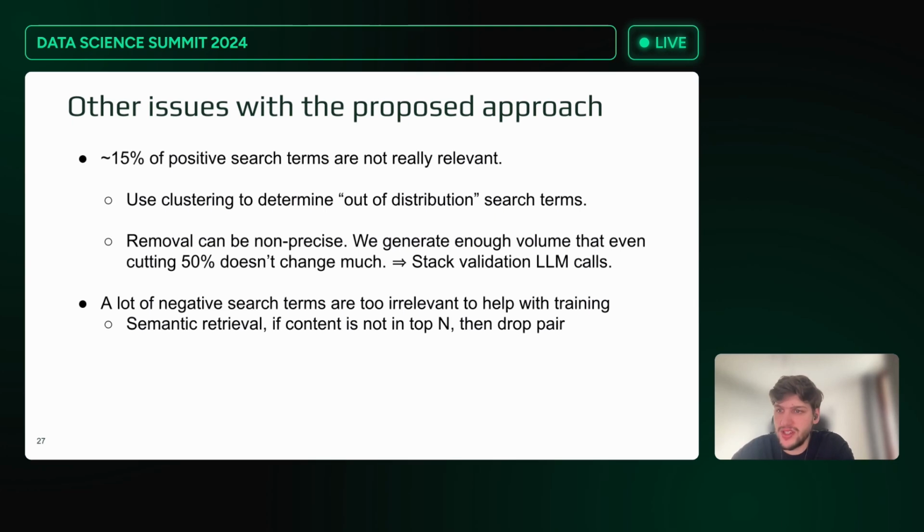If for a given search term the content is not in the top n, and n is just a hyperparameter, one of the ones we found works well for us is top 100, top 200, top 300, that sort of range, then you just drop that search term, right? Because if semantic retrieval already determines that this is not a good match, the crossencoder will most likely already know that as well. So it's a waste of time and compute and energy to feed that training data to the crossencoder.